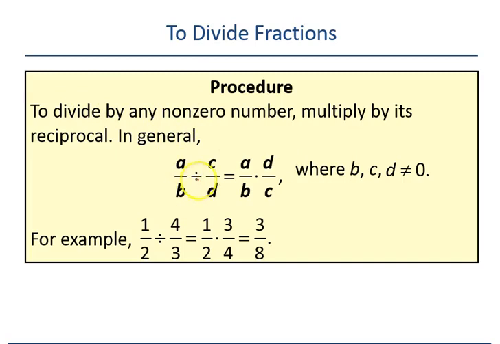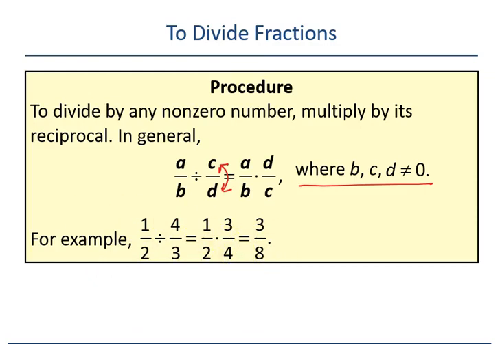Notice a over b divided by c over d equals a over b times d over c. They just took the reciprocal of this, and don't forget that. For example, 1/2 divided by 4/3 means you do 1/2 times 3/4, and that's going to equal 3/8.